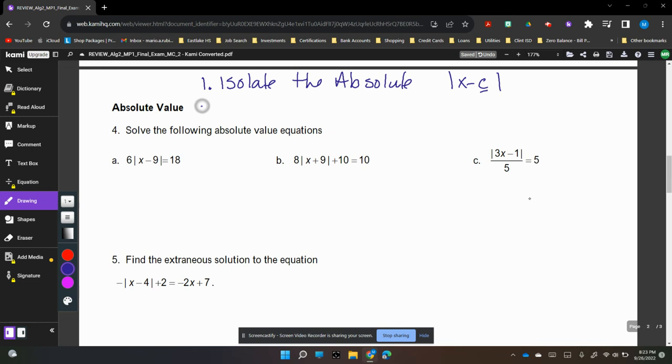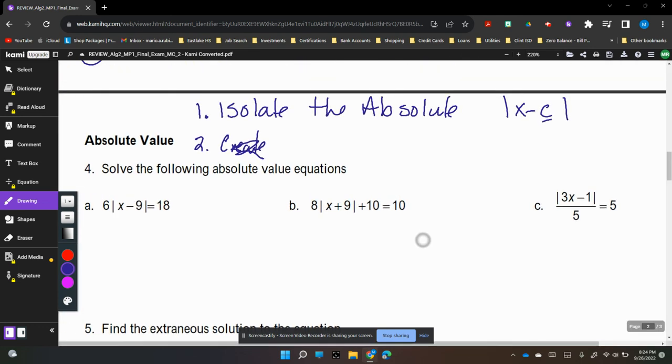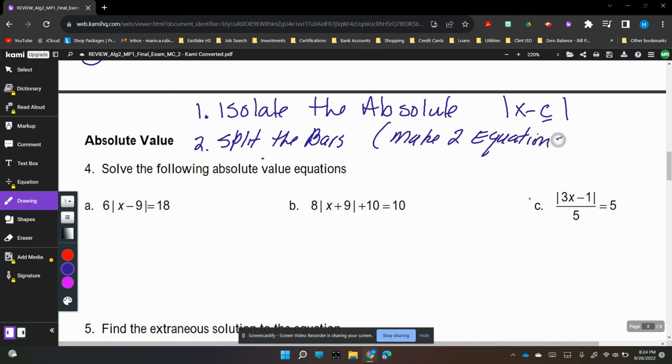Then the second step is what we have said in class: split the bars. Mathematically, that means make two equations. One is equal to a positive number, and the second one is equal to a negative number.